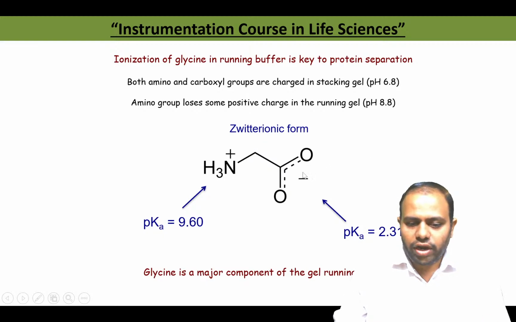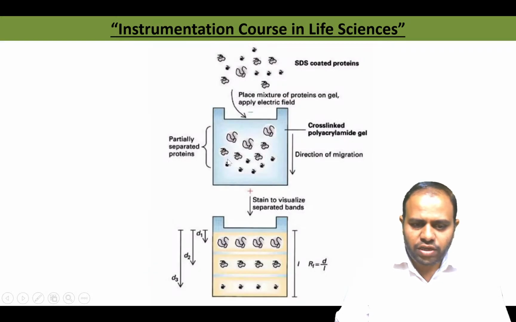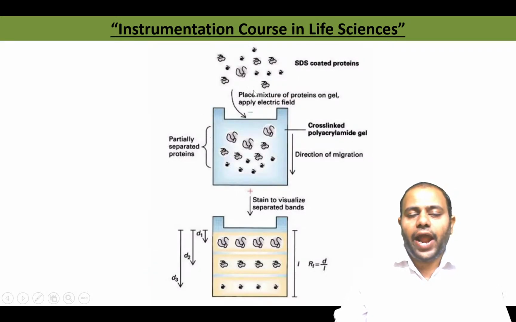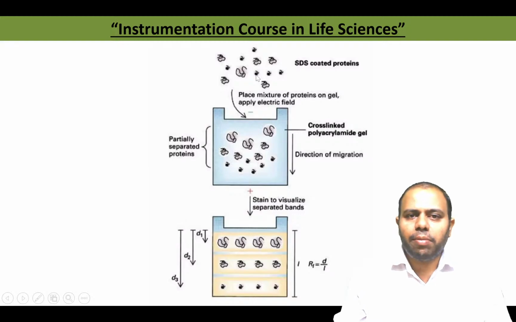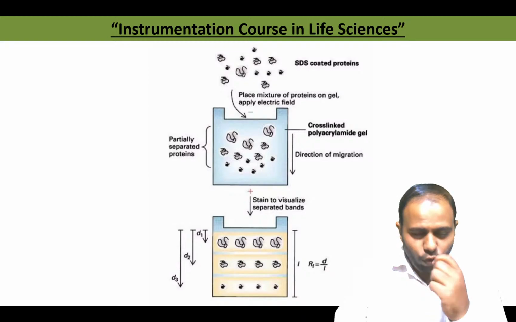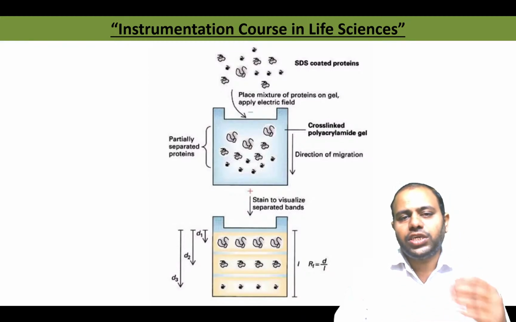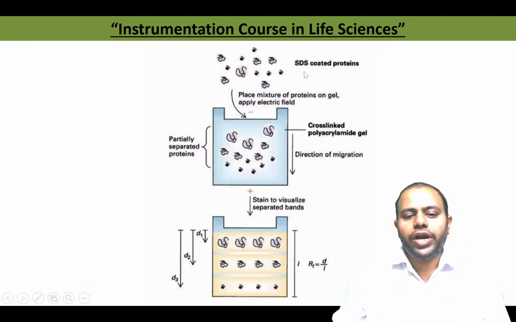Zwitterionic form of an amino acid means the total charge is neutral; negative as well as positive charge is available. The protein molecule may have a positive charge or negative charge. In order to move the protein in a standard direction, it has to be coated with SDS.